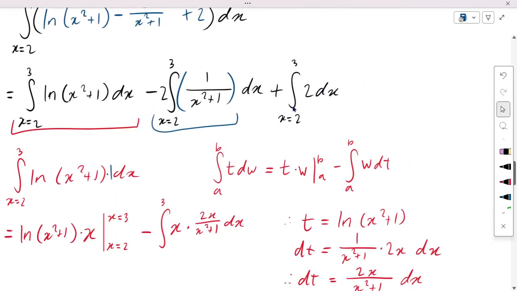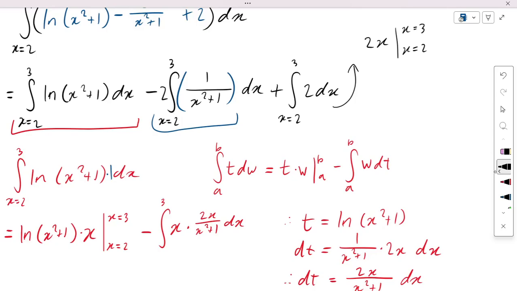Now we can just do this one straight up. Well, I'm going to do it over here. The integral from x equals 2 to 3 of 2 dx is just going to be equal to 2x evaluated from x equals 2 until x equals 3.